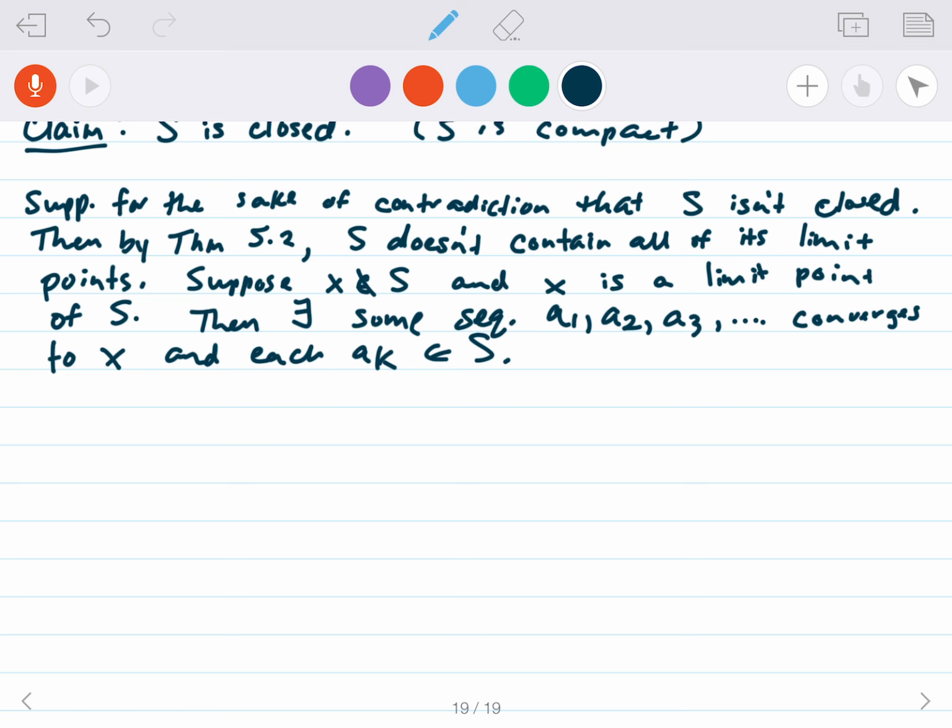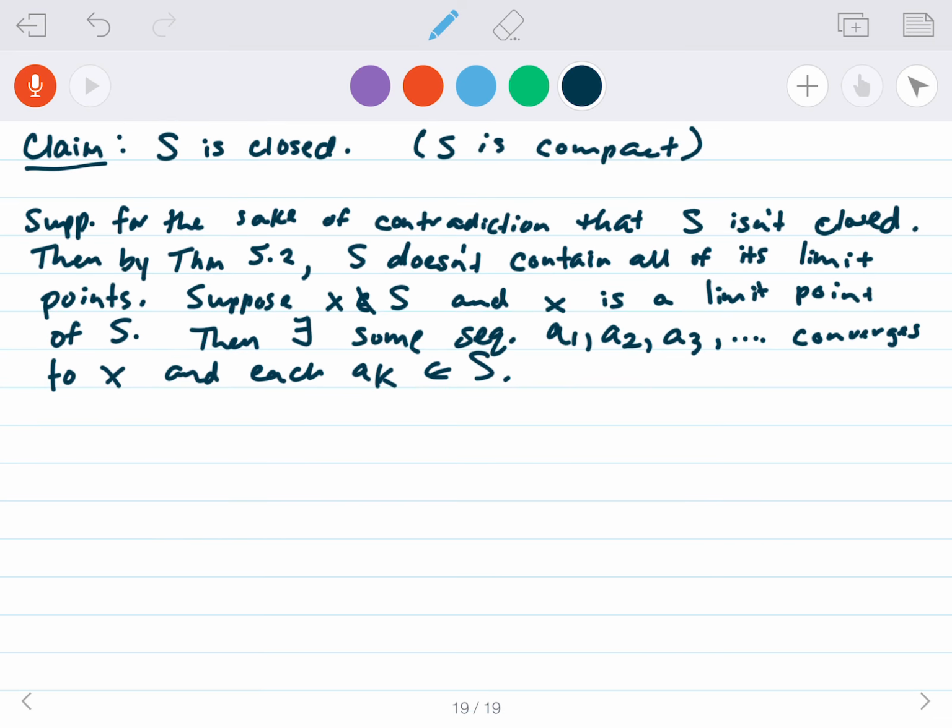Okay, so now we're going to consider an open cover of the reals without x.